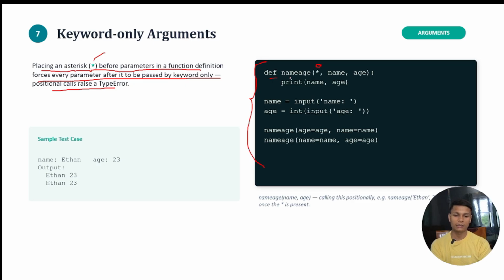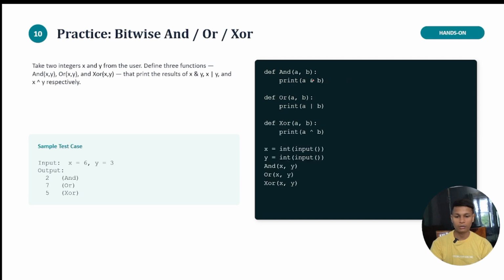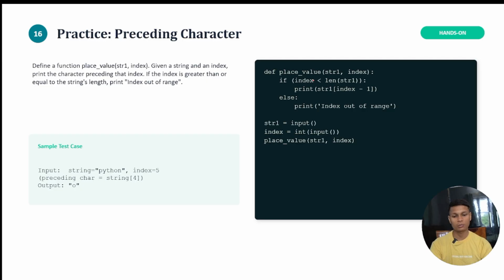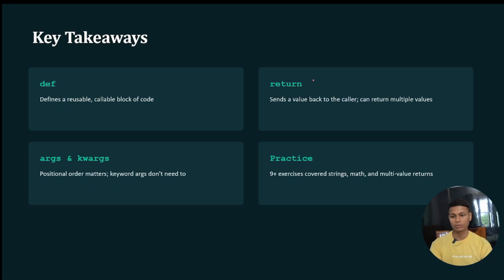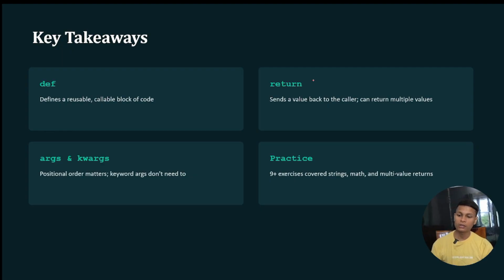So here you can see the def keyword, def name_is, let's write this code. After that we are going to start with our practice problems. I attached many hands-on practice problems, so it will give you a good experience of logic building also. And after that we go with the key takeaway, a quick recap.